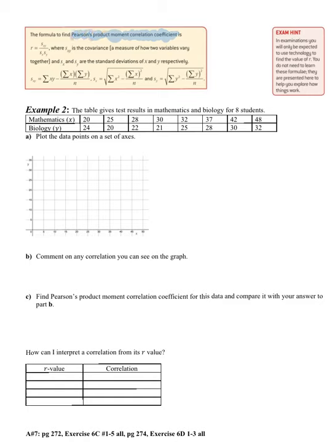You take r equals S sub xy over S sub x times S sub y, where S sub xy is the covariance, a measure of how 2 variables vary together, and S sub x and S sub y are the standard deviations of x and y respectively. That's how you would find this r value, is what we're going to call it.